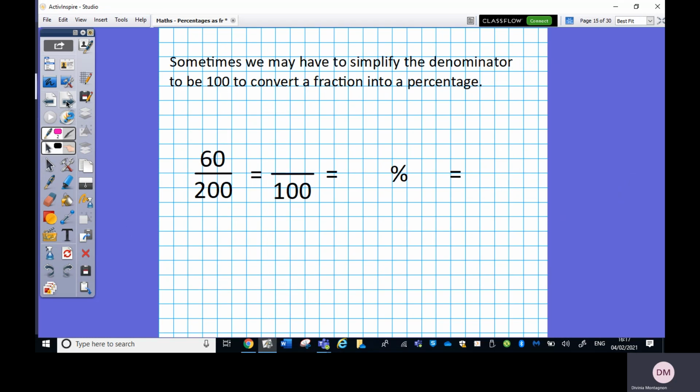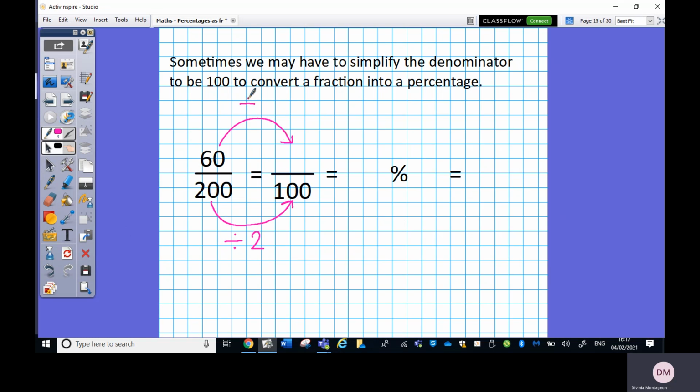Now, sometimes we may have to simplify the denominator to be 100, and we need to convert the fraction into the percentage. So, what do I need to do to 200 to get to 100? I need to divide it by 2. Good. And so therefore, what do I need to do to 60?